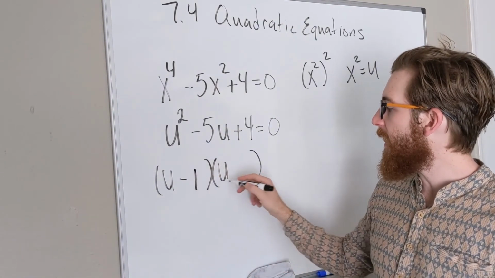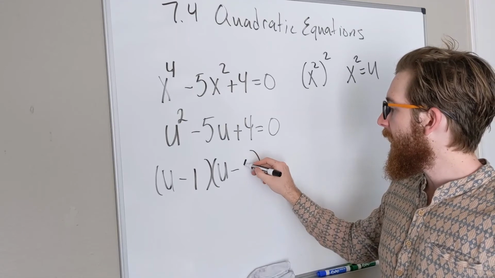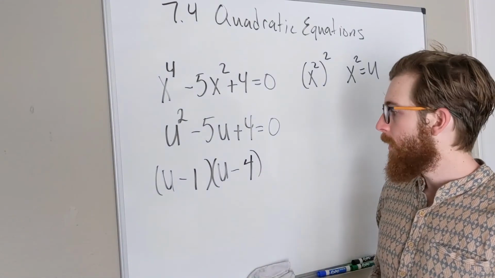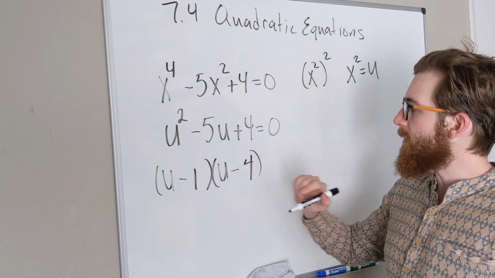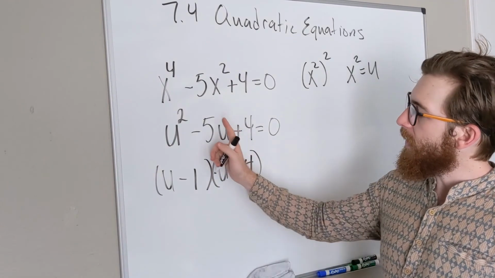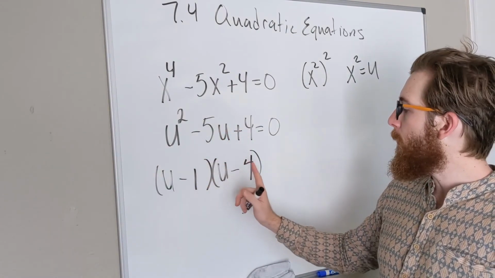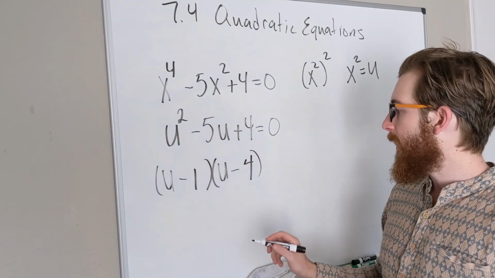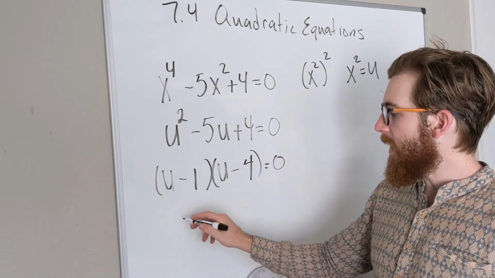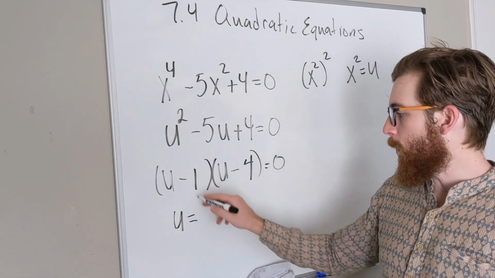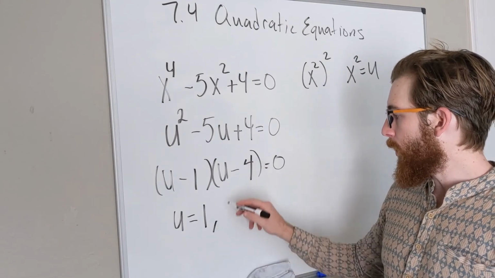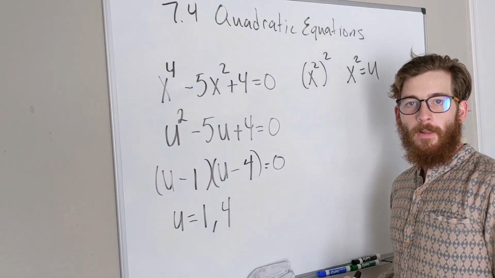I believe that's negative 1 and negative 4. Right? Negative 1 times negative 4 is positive 4. Negative 1 plus negative 4 is negative 5. And so that tells me that u equals 1 or u equals 4.